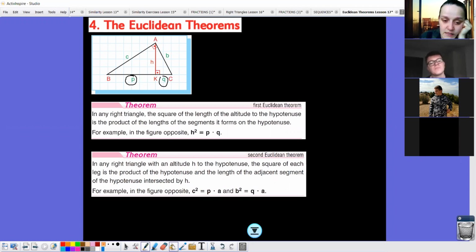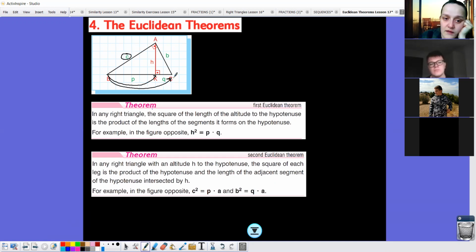What does it mean? I will show you in the figure. Taking one of the legs, c square is equal to p times a, the whole side.